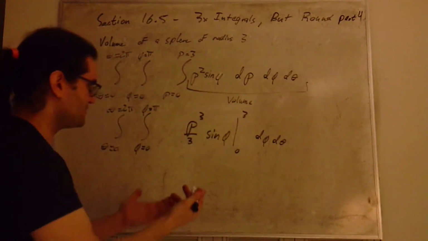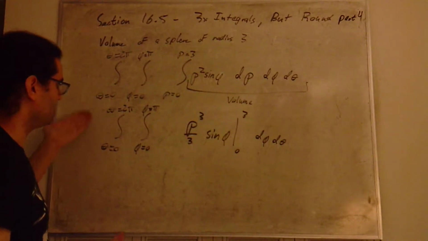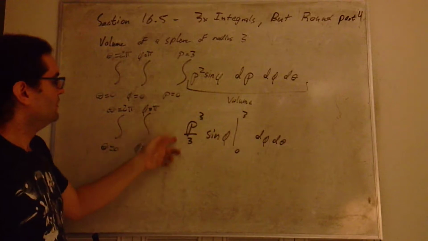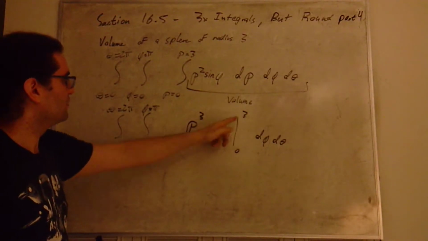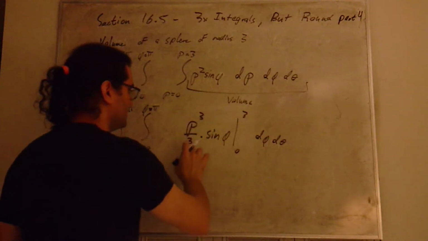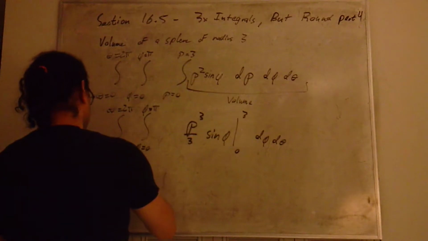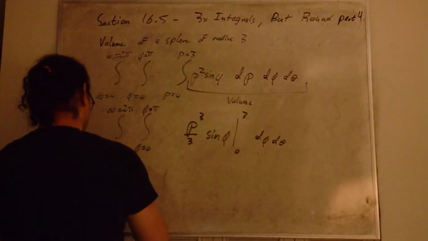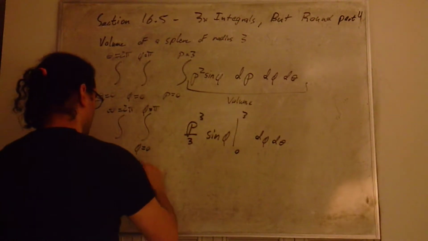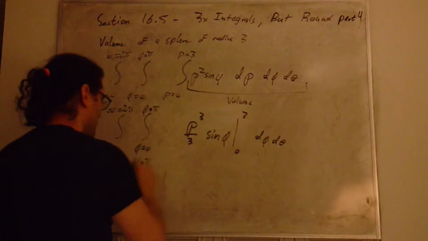All these markers start out promising and then they're all faded by the end. This is disappointing. Rho cubed, when I plug in 3, should give me 27 over 3, which is 9. So this is theta from 0 to 2 pi, phi from 0 to pi.